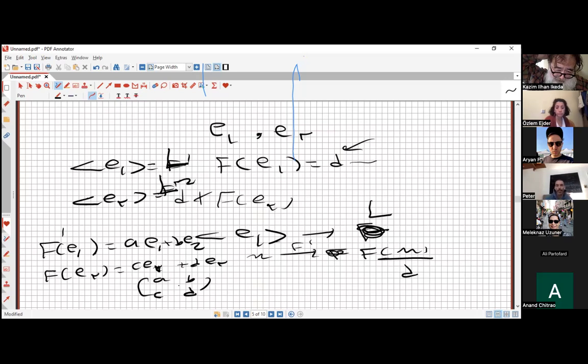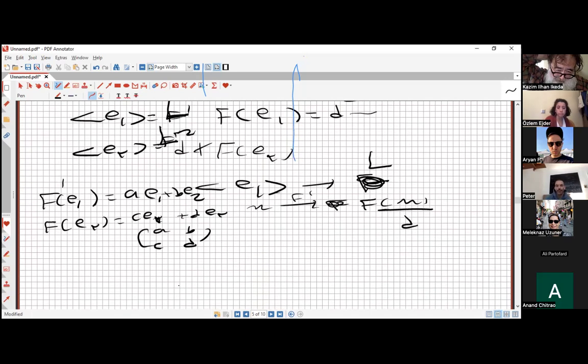If I want to give a change of basis, I should choose another basis instead of E such that this property still holds. I want f of f1 to be still divisible by d. For this to hold, f1 should be of a special form.